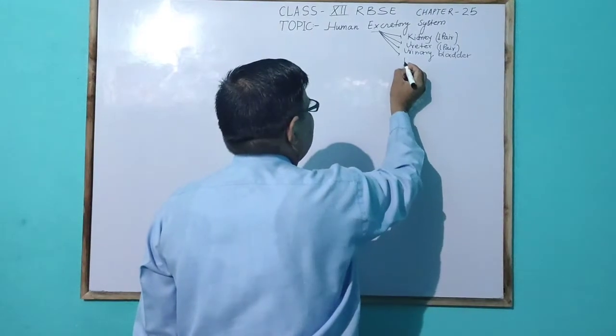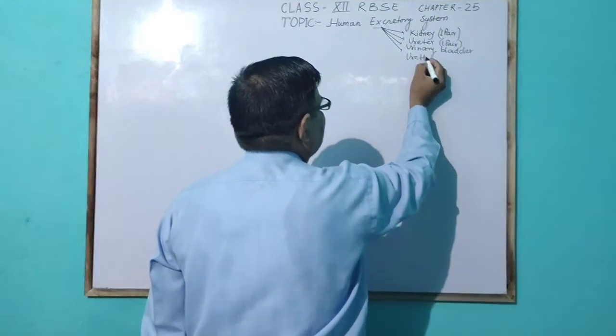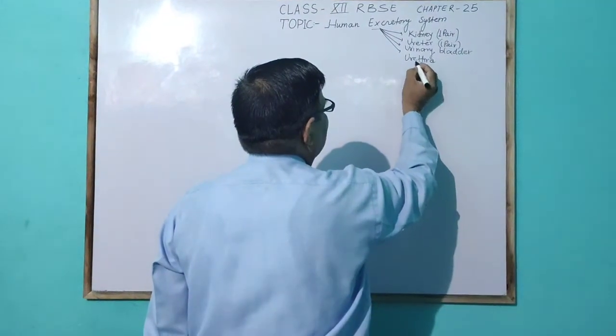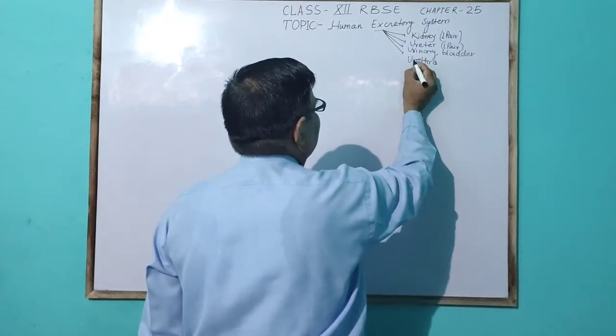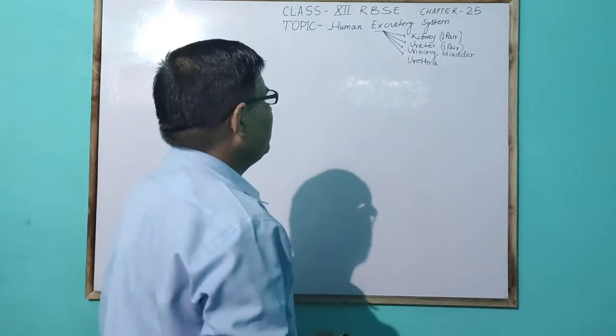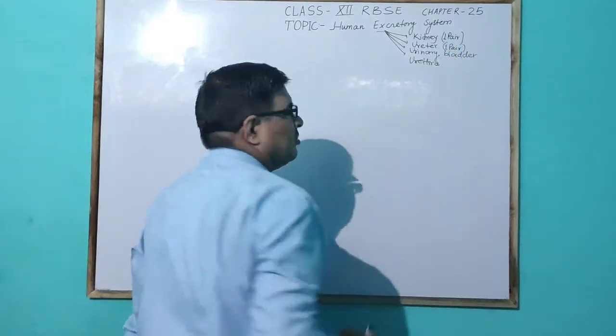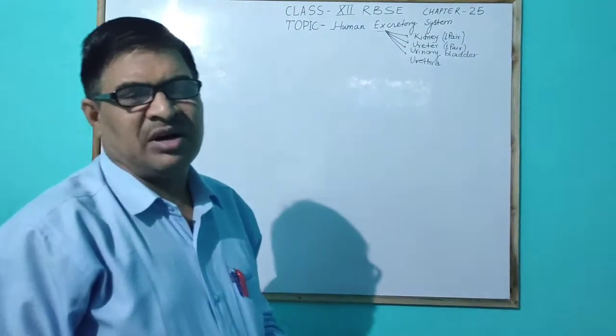Here the urinary bladder and urethra are generally single, but the kidney and ureter are found in pairs. Pair means these are two in number.